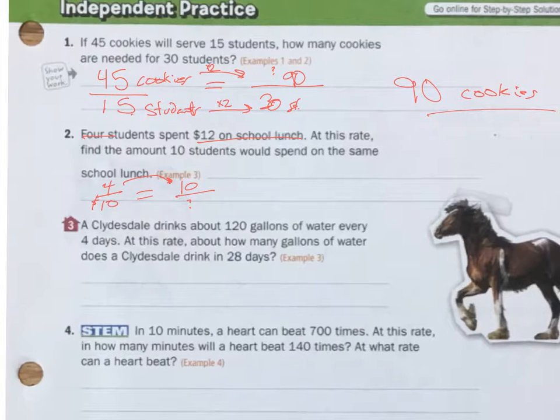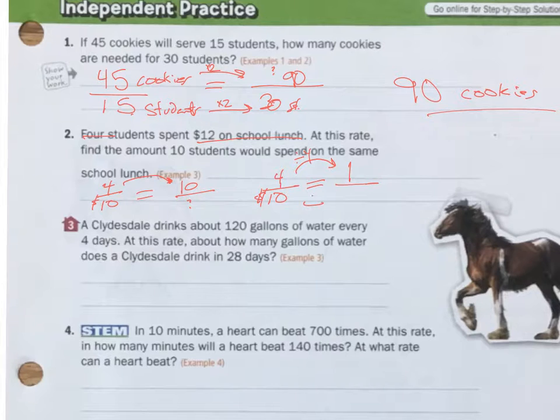So what I want to do is get the unit rate. I have 4 students, and they're each spending $10. So how much are they spending a piece? So I'm going to go to 1 student here. So instead of 4 students, I want 1 student. So this is divided by 4.